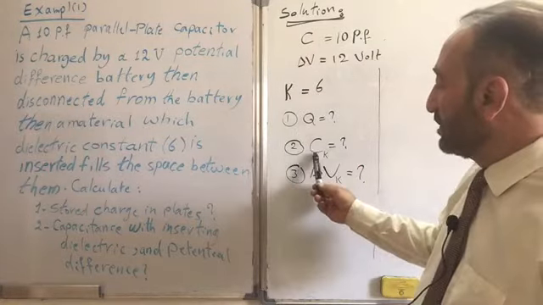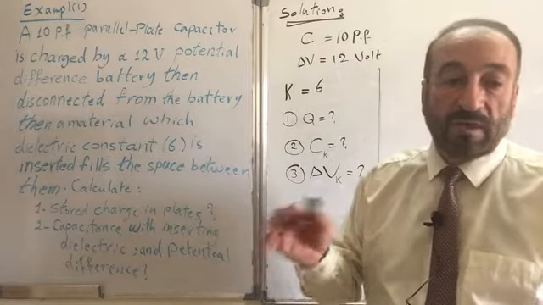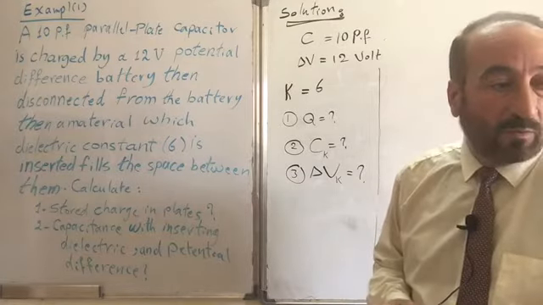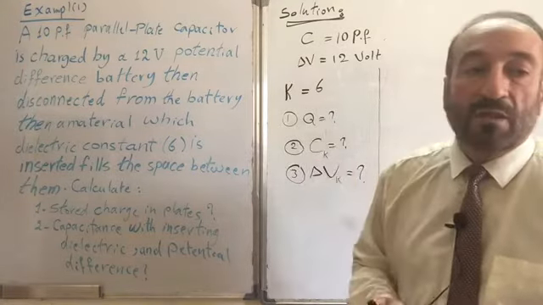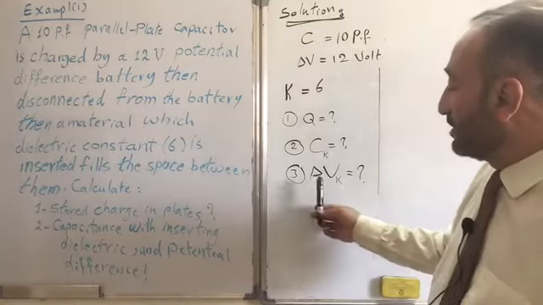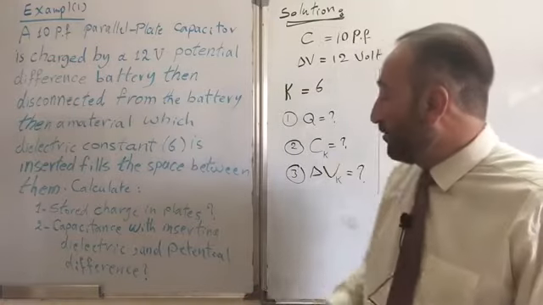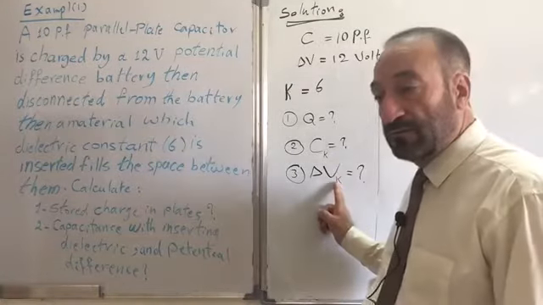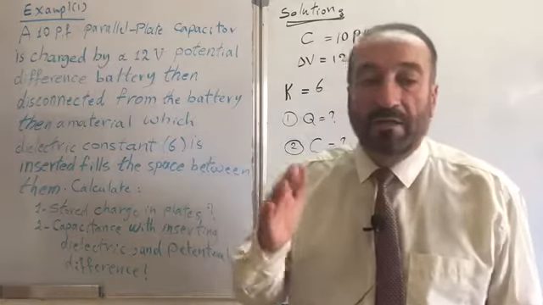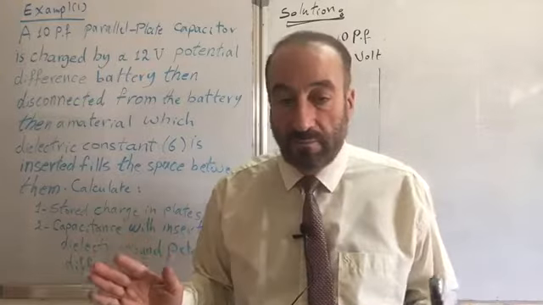Order 2, C sub K. C sub K is the capacitance of the capacitor after we put the dielectric material between the two plates. The third order is delta V sub K. Note that wherever we find sub K, that means a dielectric material is inserted between the two plates. Okay?